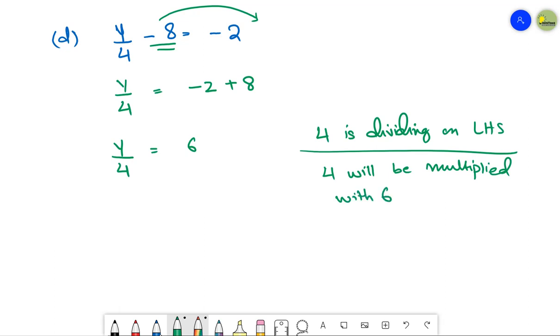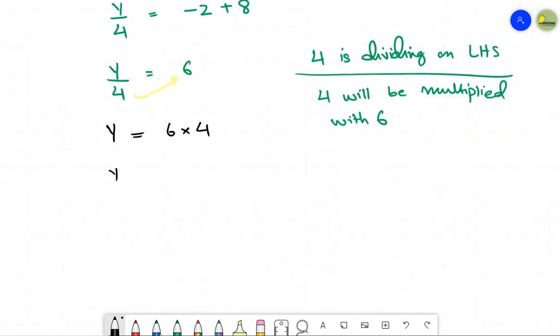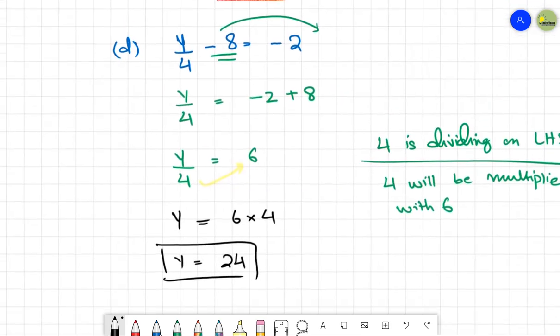You need to change the operation. Now 4 will be written in the numerator and it will be multiplied with 6. So y equals to 6 multiplied by 4. So it will be y equals to 6 fours are 24. This is going to be the answer of part D.